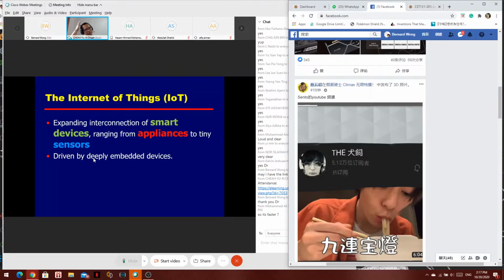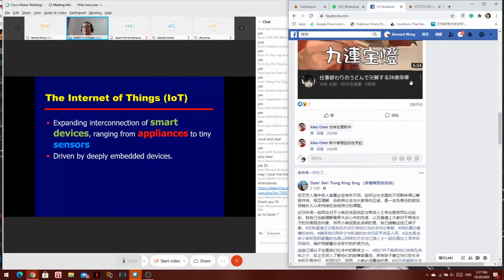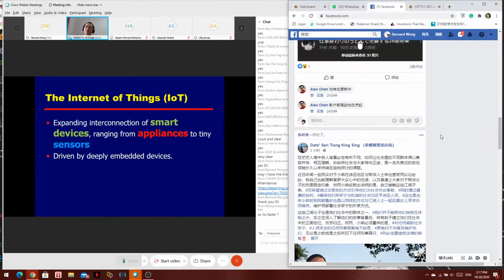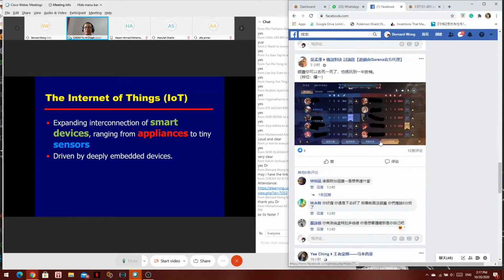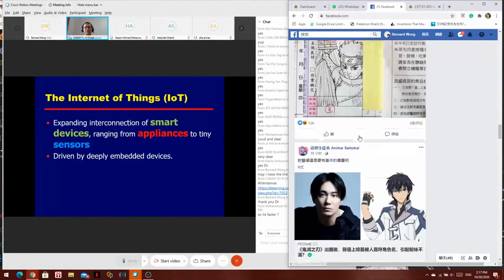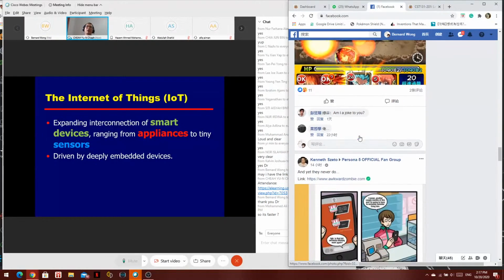One interesting thing about the ARM processor is that it is very popular in the deployment of IoT technology, Internet of Things technology, and this is where smart devices and smart appliances come in.